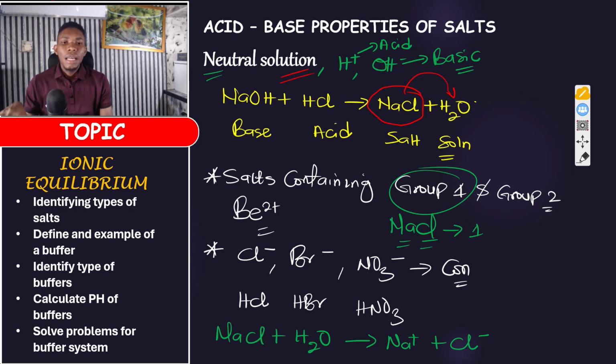And then they are often salts containing group 1 and group 2 metals and the conjugate base of a strong acid like Cl negative, Br negative, NO3 negative. The reason is that when this salt dissolves in water, it forms ions which cannot be further broken down by water to give either H plus ion or OH negative ion. So you say those kinds of salt are neutral.